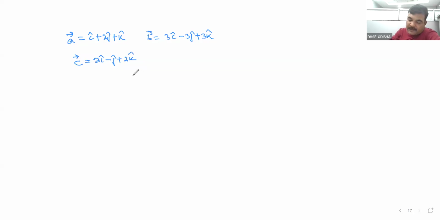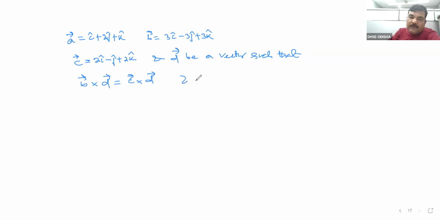And let D be a vector such that B cross D is equal to C cross D, and A dot D is equal to 4. Find A cross D mod square.